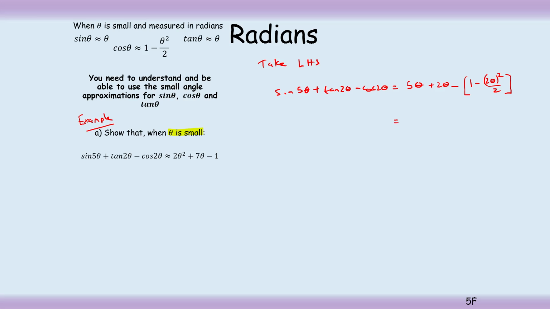So let's expand and simplify. It's going to give me 5 plus 2 is 7 theta minus, and in the brackets I've got 1 minus 4 theta squared divided by 2. That's 7 theta minus 1 plus, minus and minus gives me plus, and 4 divided by 2 is 2 theta squared.